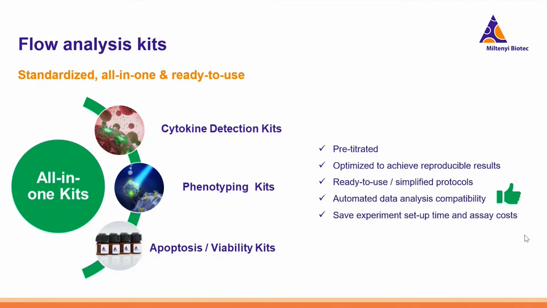Apart from classical antibodies and flow panels, we also offer a wide array of flow analysis kits, containing, of course, our proven antibodies to analyze T cells in really every way, namely for the analysis of cytokines, for phenotyping, and of course, viability.